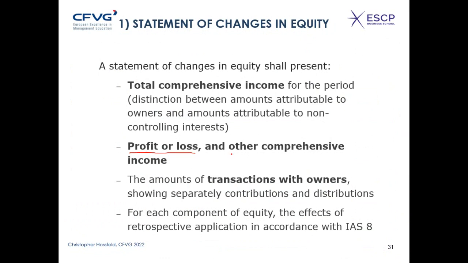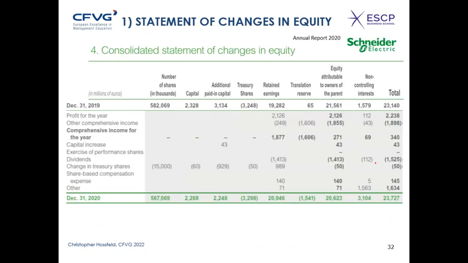We see profit or loss in the income statement. We see OCI because I have total comprehensive income. I see in the balance sheet that capital increases and decreases. So the only thing is I have some more details on transactions with owners, but those details I could also find somewhere else. So we see here for Schneider Electric what's happening.